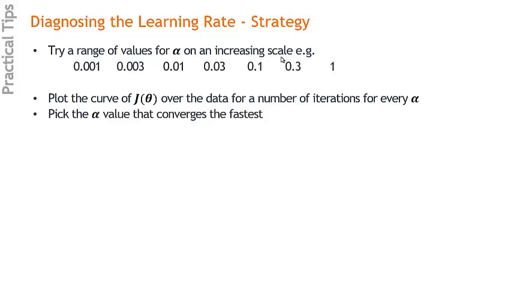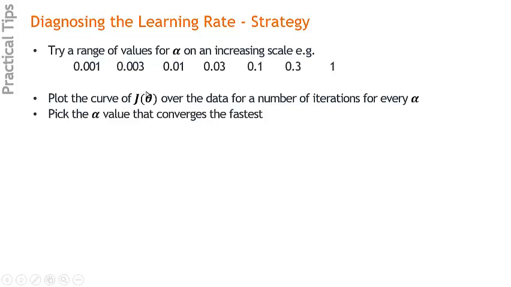And you want to do that because you're not sure about the magnitude of the learning rate. If you just try 0.1, 0.2, 0.3, 0.4, those are all roughly the same magnitude. And you're going to find that the curves don't change very much. So you want to do something like this to pick up the behavior.